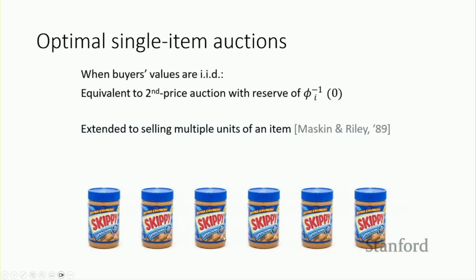So, at least from a colloquial point of view, hopefully it's clear why this is connected. Yeah, okay. And there's also work, just alluding to it, on the same item but multiple units of an item, and how to think about optimal revenue maximizing incentive compatible auctions for that setting. I'll let you look at the reference if you're interested.